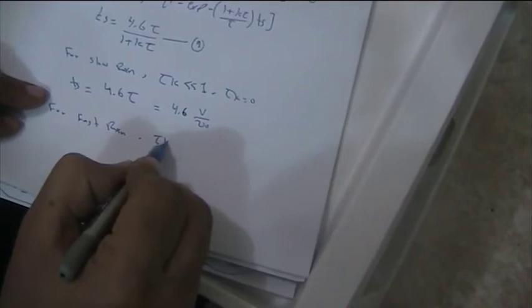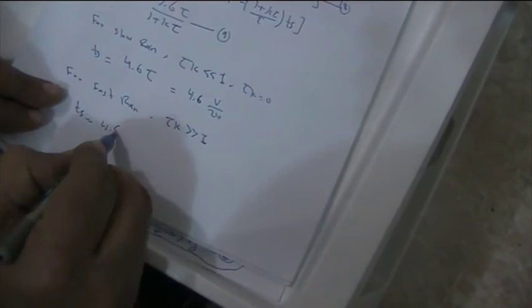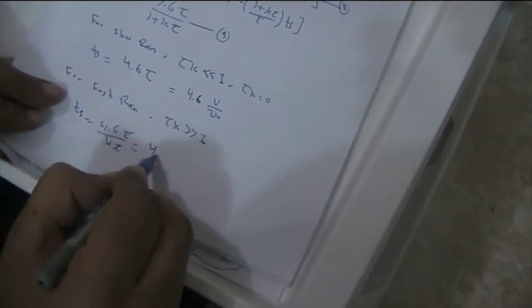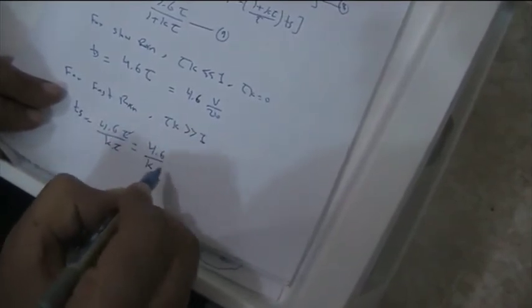For fast reactions, this means that tau k is larger than 1, so Ts will be 4.6 tau over k tau, and that will give 4.6 over k.